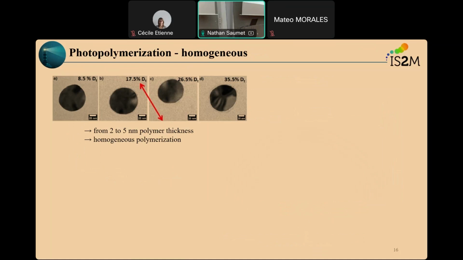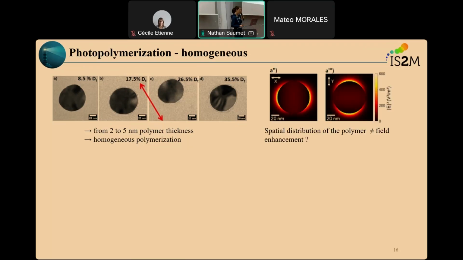Here we observe polymer, here, here, and here. So we observe a ring of polymer from 2 to 5 nanometers around the nanoparticles. And we have an homogeneous polymerization, which was not expected due to the spatial distribution of the field here. So we expect for a given polarization to have a polymer lobe here and here, and not an homogeneous polymerization.